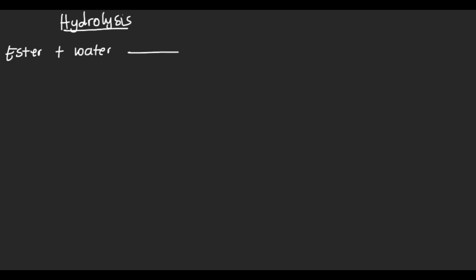So this time you are going to get alcohol plus carboxylic acid. Then the conditions we need now: dilute sulfuric acid. During esterification, we added concentrated sulfuric acid.